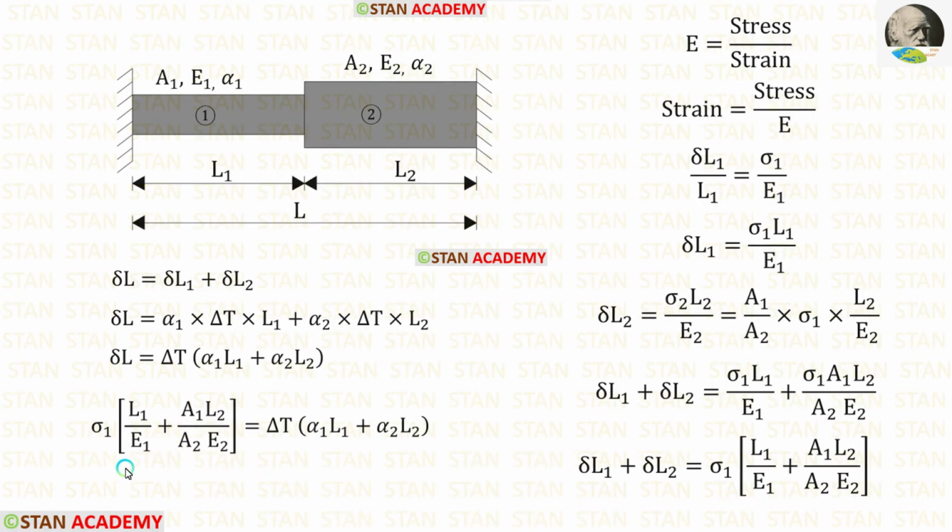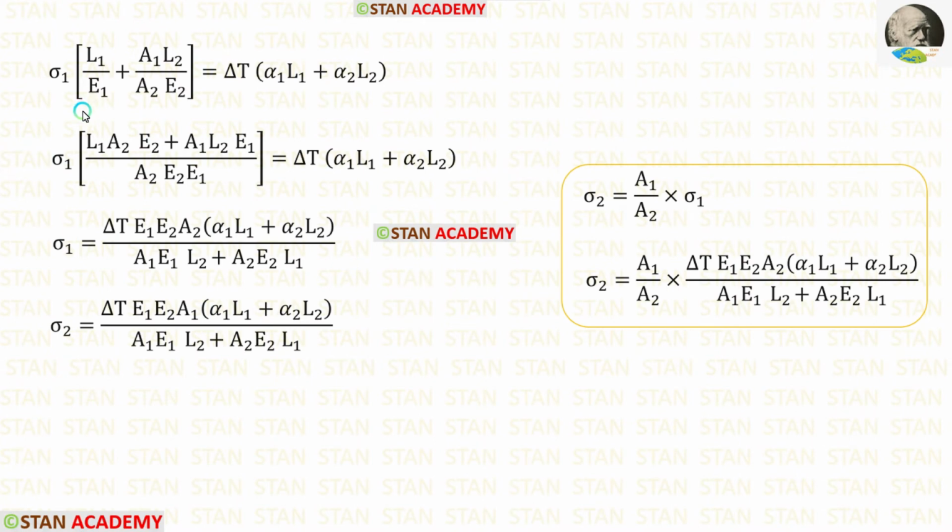You can see that I have equated both of the expressions. For these two terms, we can take LCM. Then let us take this term on the right side. It will come inversely. This is the formula for sigma 1.